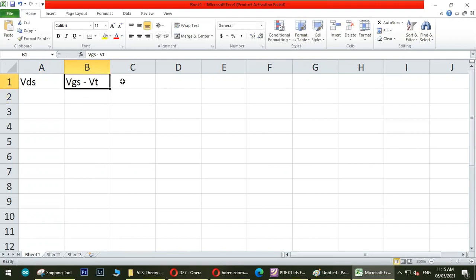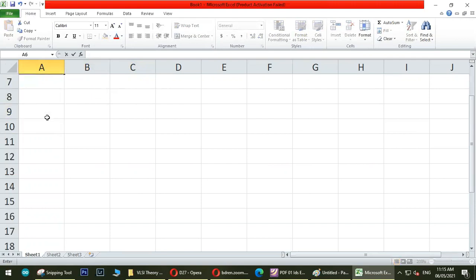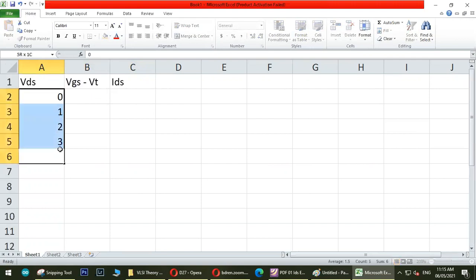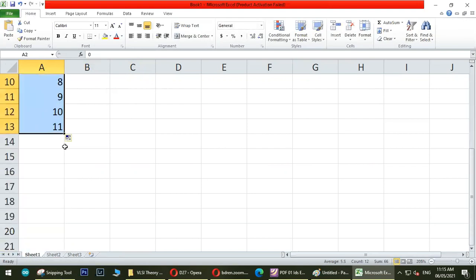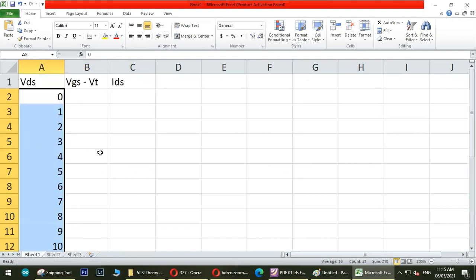So if we have to check the condition, this will be our condition checker. Now this will be our IDS. Now VDS will be 0, 1, 2, 3 like that. Let's say we will go up to 20 volt.